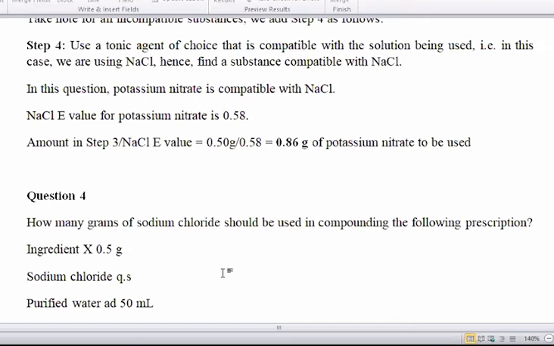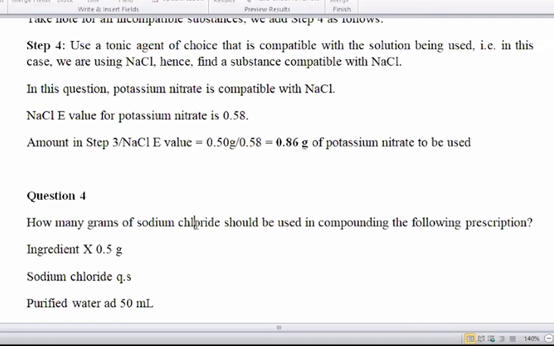So we look at the last example, example number 4. The last example is a very simple one. It's very simple compared to all the other examples we've been doing. The only thing is that I give a scenario.